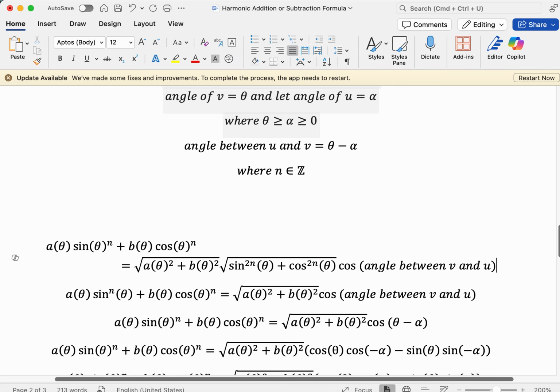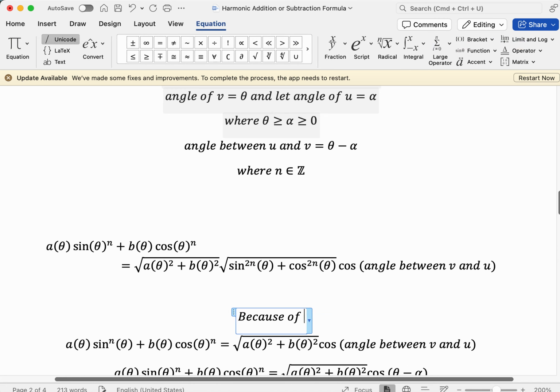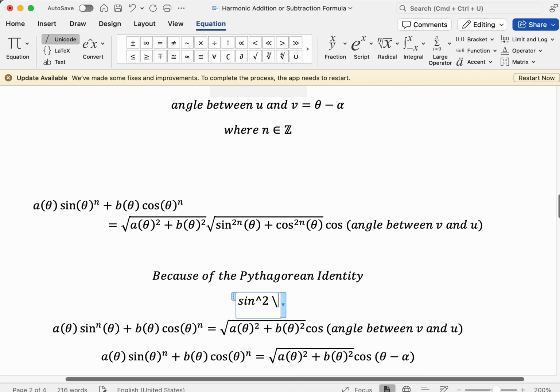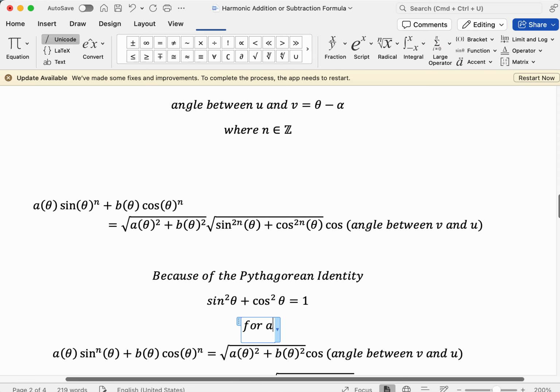And very luckily, because of the Pythagorean identity, which is basically that sine squared theta plus cosine squared theta equals 1 for any angle theta. That's the key thing about an identity.